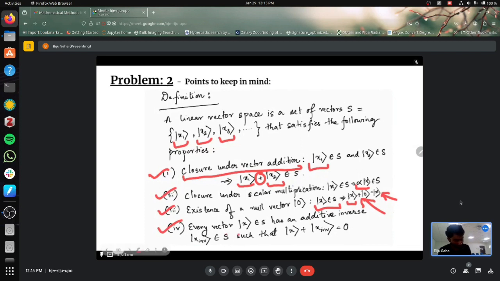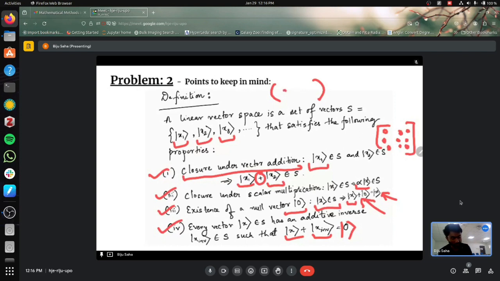Now the fourth criteria is every vector you pick up, again any vector, has to have an additive inverse. So when you perform addition between a vector and its inverse, you are supposed to get back the null vector. So this is the null vector. So whatever null vector you started with, it could be a null matrix also if the set elements are 3 cross 3 matrices, or for our case it has 3 components.